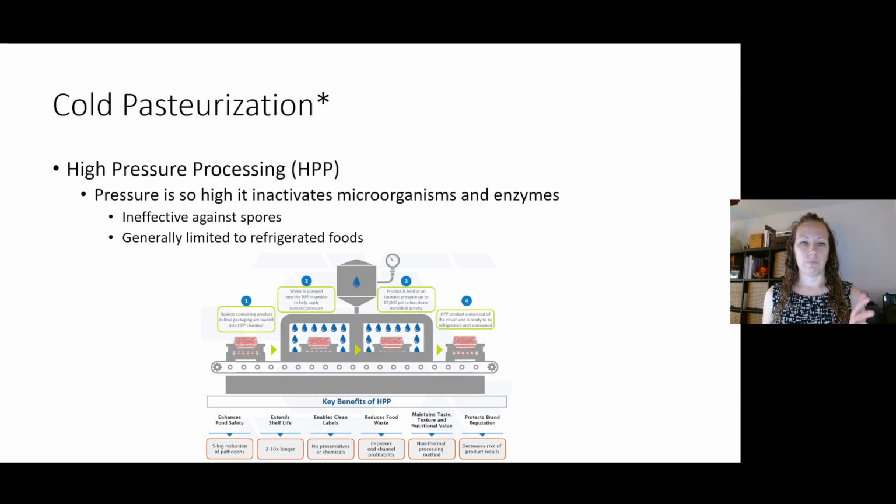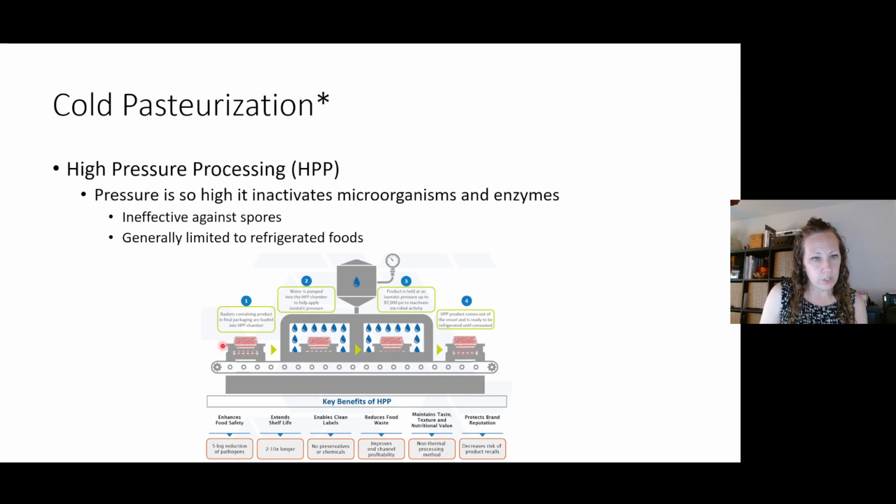So typically the foods are being kept cold while they're doing it. So the first one is high pressure processing, also known as just HPP. And with this one, it is purely pressure that is destroying the microorganisms. The pressure is so high that it inactivates the microorganisms as well as enzymes.